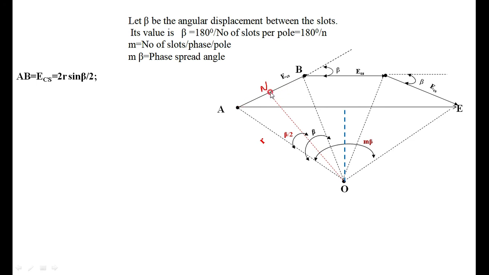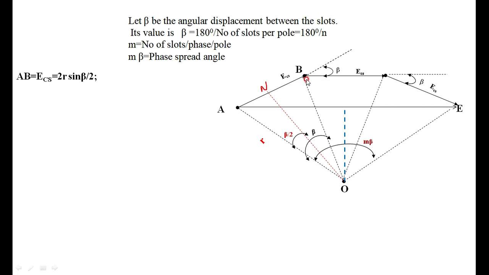Then how to find AN? By applying the sine function for the triangle ANO. In that case, sine of beta by 2 is equal to AN divided by AO. Therefore, AN is equal to R times sine beta by 2.